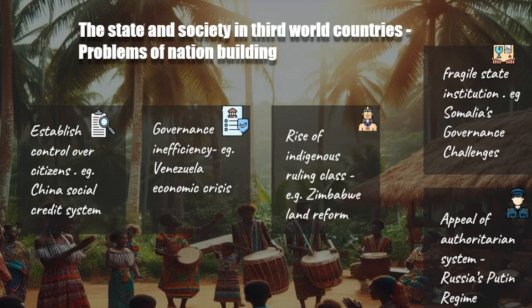By monitoring online activities, financial transactions, and other social interactions, the government determines each citizen's trustworthiness and social status. Those with a low score may face travel restrictions, limited access to services, and other penalties. This exemplifies how modern technology can be used to establish control over citizens.